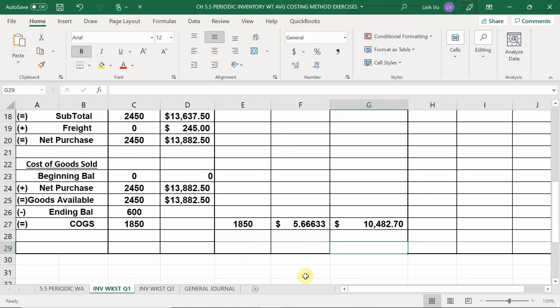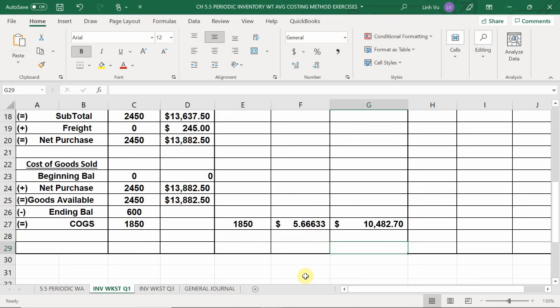So you have to be very careful in your calculations and take them out accordingly. If I rounded my numbers to 5.67, which gave me 10,489, that is where I have to keep track of it, so the next time I sell my items, I've already taken that much out of my inventory.